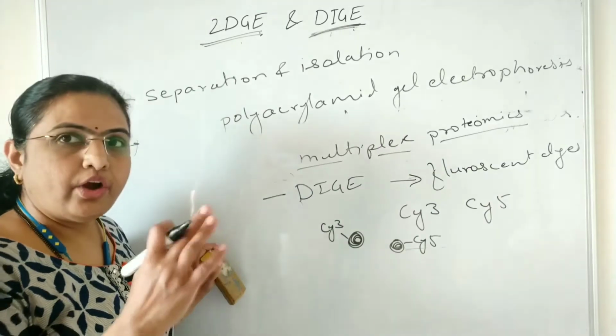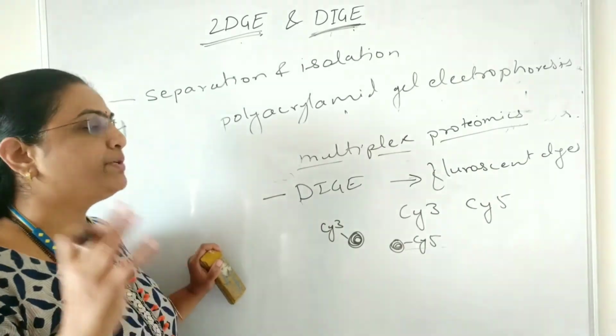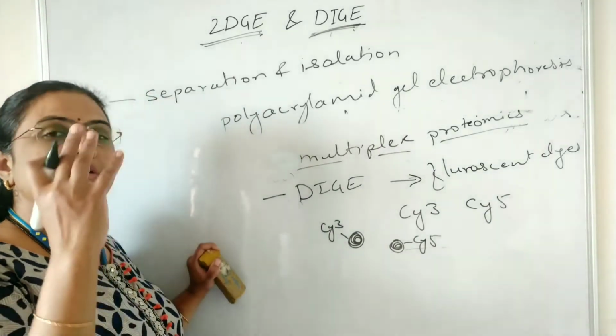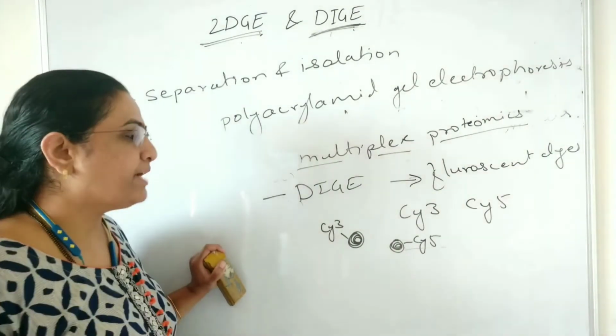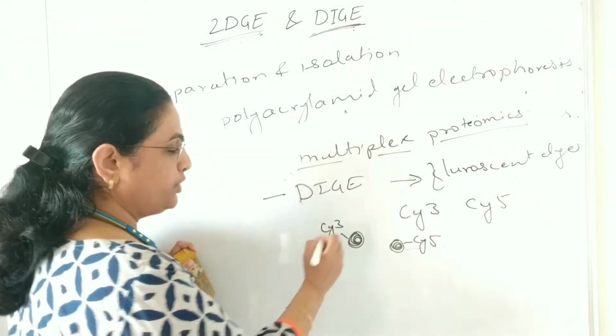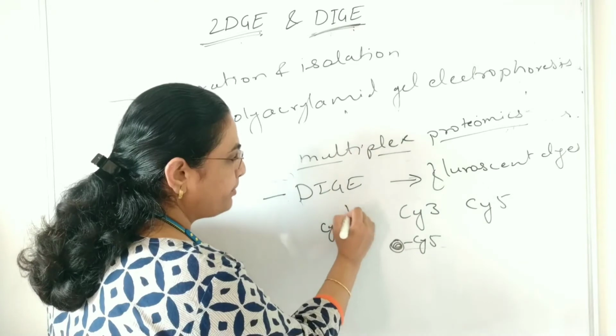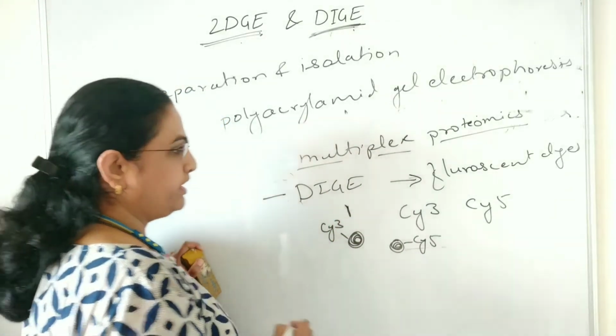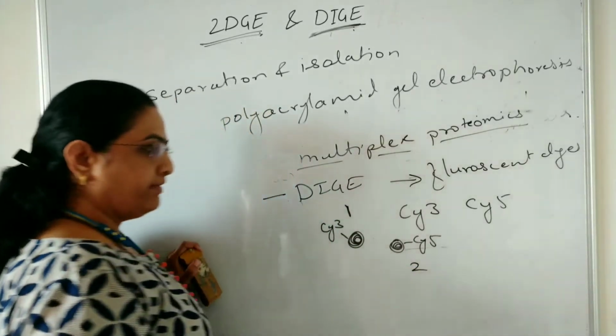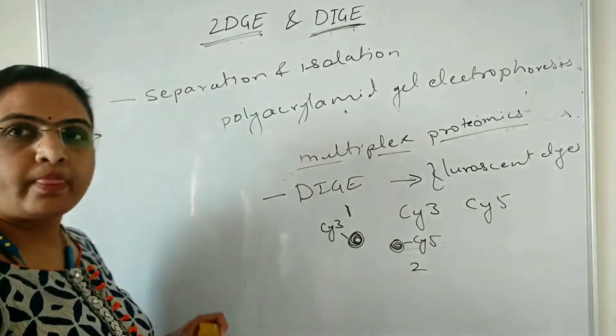Now when you have to do the comparative analysis between the two types of cells, when you have to compare the proteome of the two types of cells, you can tag sample 1 with Cy3 and sample 2 with Cy5.